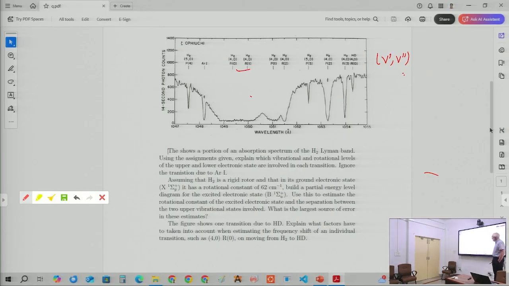And what I'm saying is that if you know the rotational constant of hydrogen is 62 wave numbers, that allows you to give the rotational state energy levels for the ground state, and we need them up to 5. And then we can derive energy levels for the upper state by knowing these wavelengths.